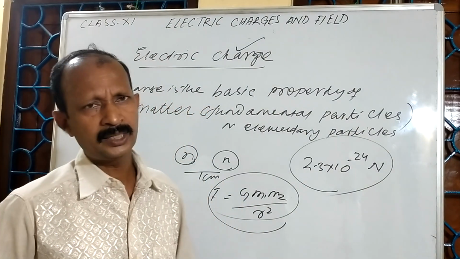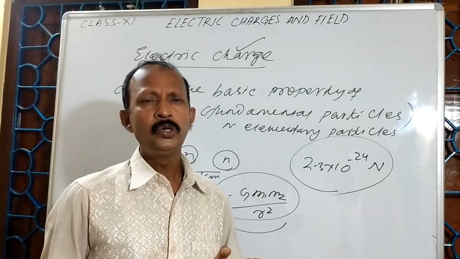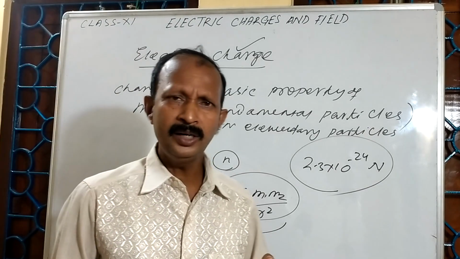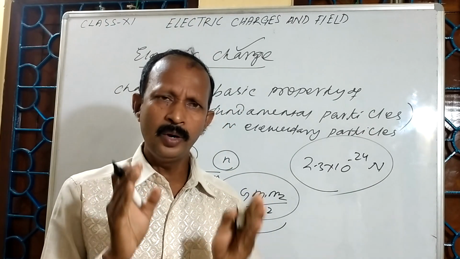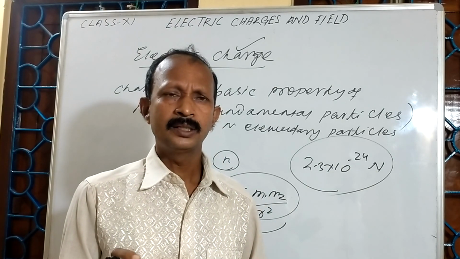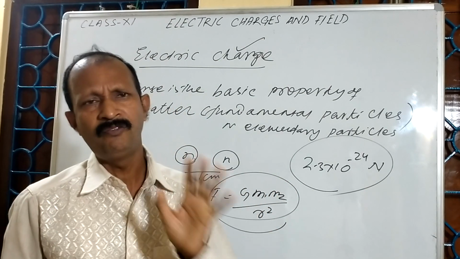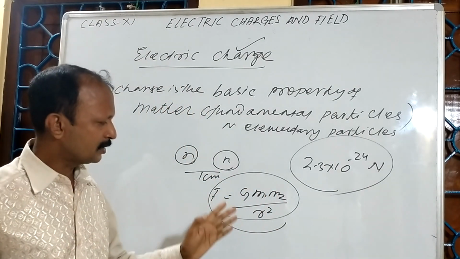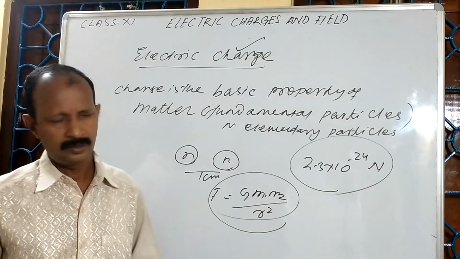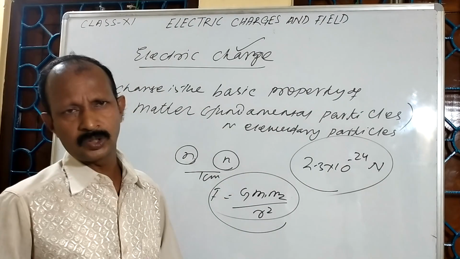The fact is that the neutron has no charge. Two electrons, they are repelling. Two protons, they are repelling because there is an electric force. But in the case of neutrons, there is no electric force. There is no repulsive force.